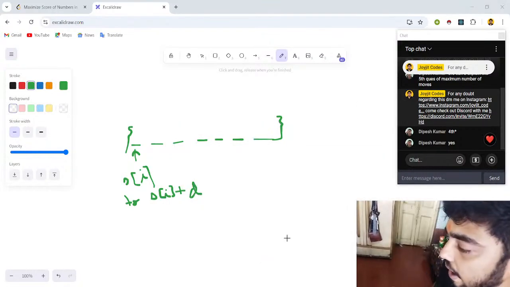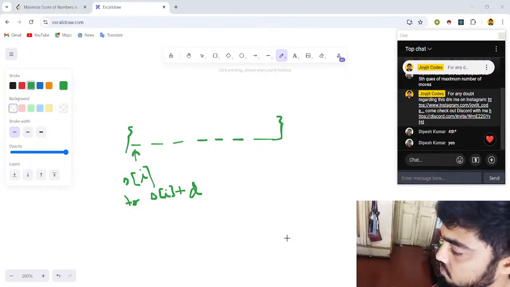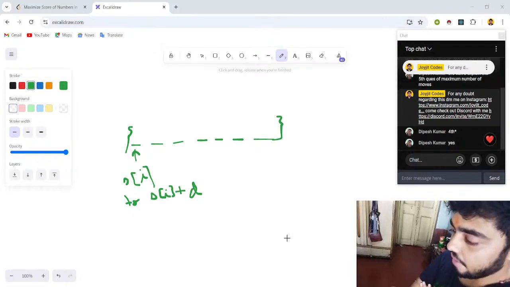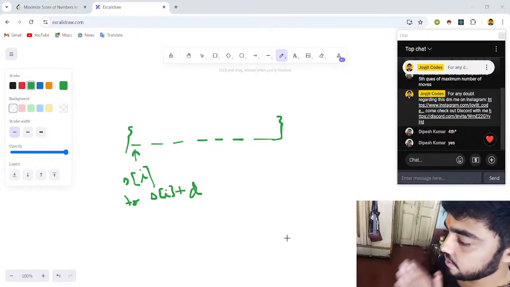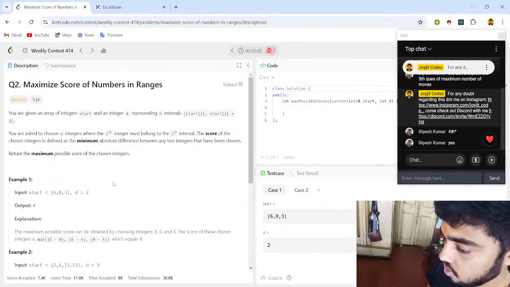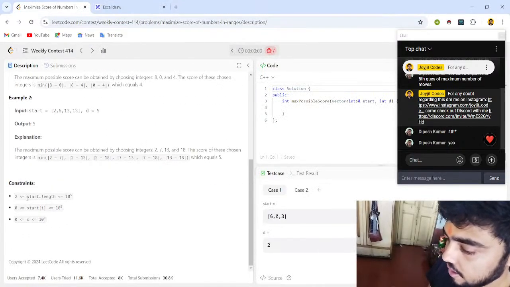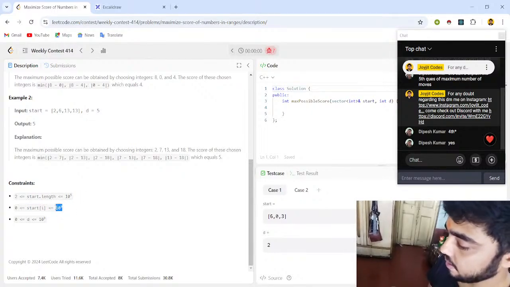So basically, if you have the freedom to make the value as much as you can, in that case you know I'm going to go for a greedy approach. But if you look at the constants in the question, the length of the start array is 10 to the power 5, the range is 10 to the power 5, and start of i is 10 to the power 9.